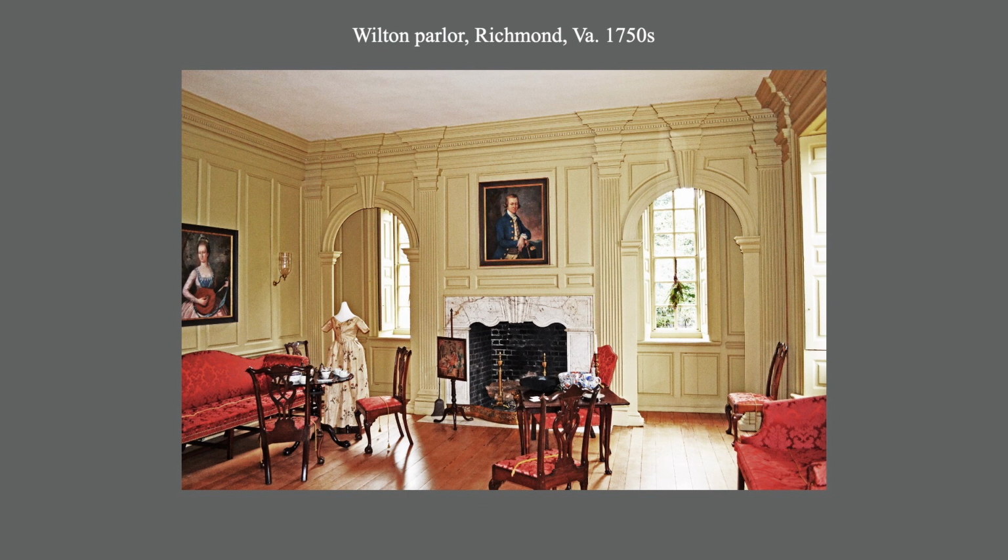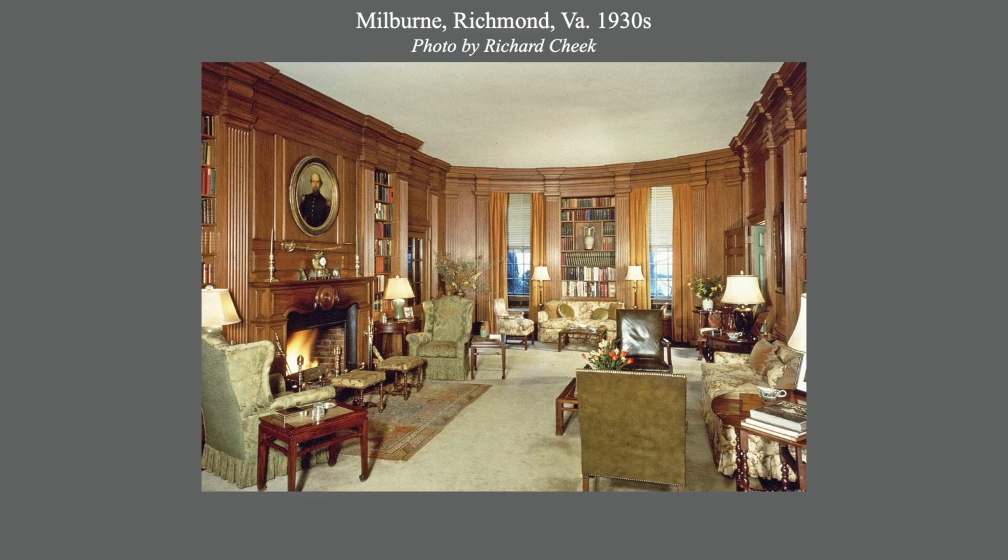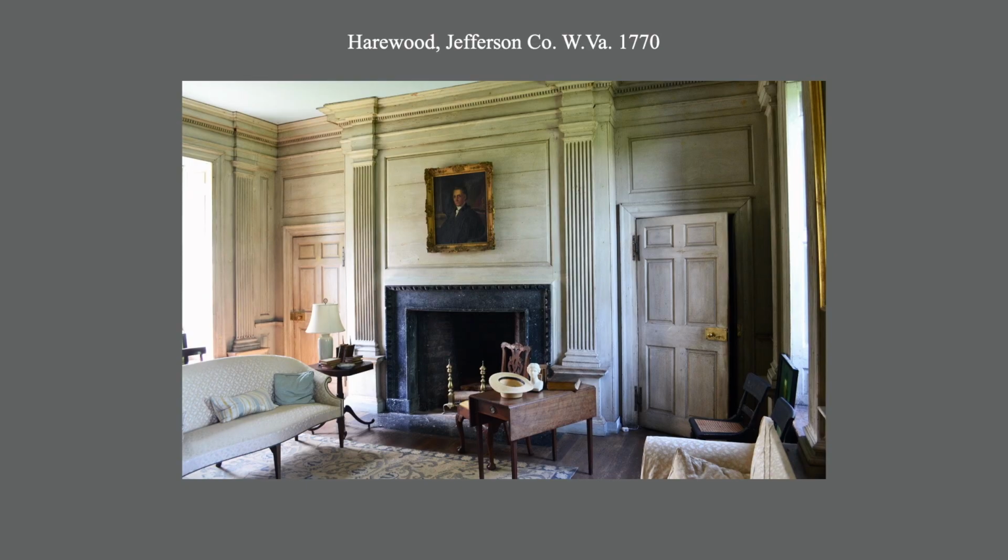Such a handsomely articulated room can offer inspiration for a colonial revival interior. We see how its essential character and detailing have been adapted for the design of the 1930s Colonial Revival Library in Milburn, a Bottomley designed house. Colonial paneling, especially paneled fireplace walls, can have much individual character within the classical system.